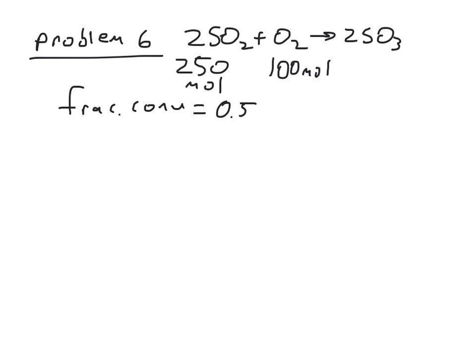So as is the case with all of these problems, we need to know what the limiting reactant is. If we don't know what the limiting reactant is, then we can't go about solving the problem.